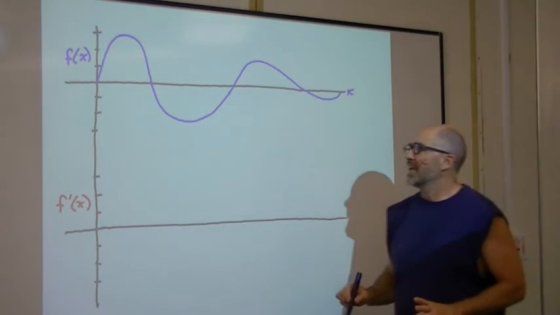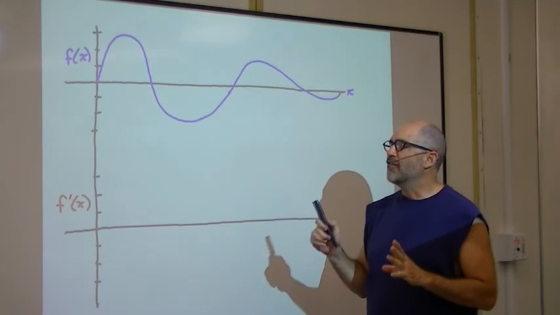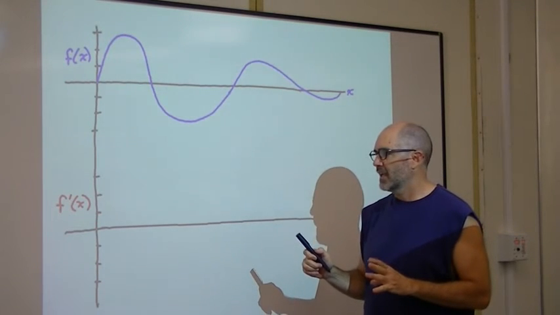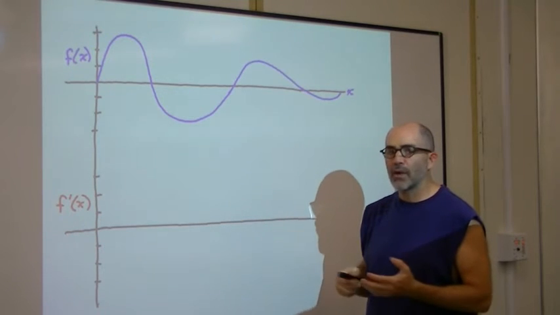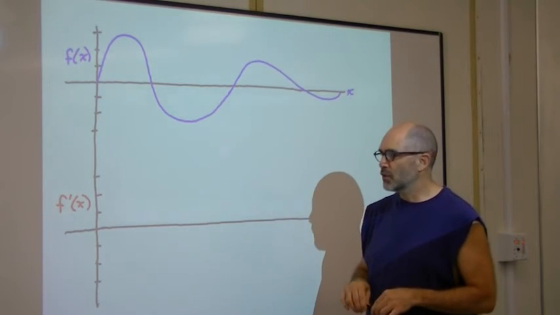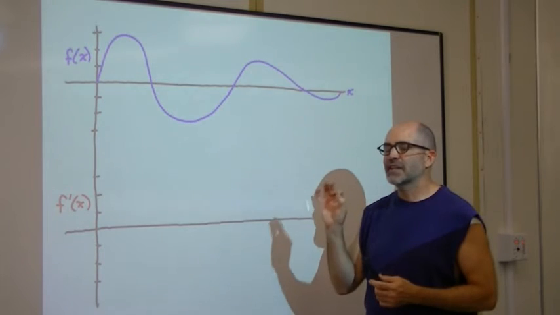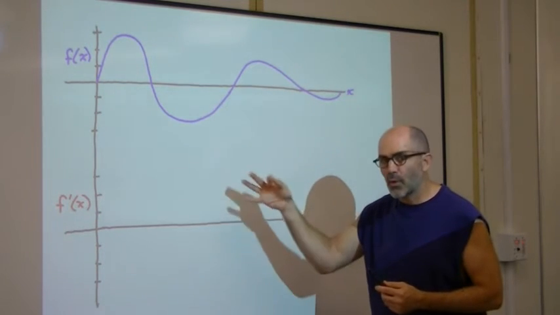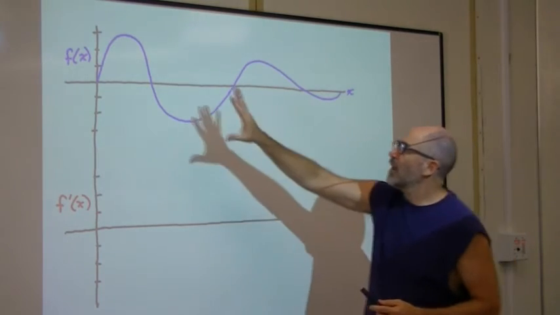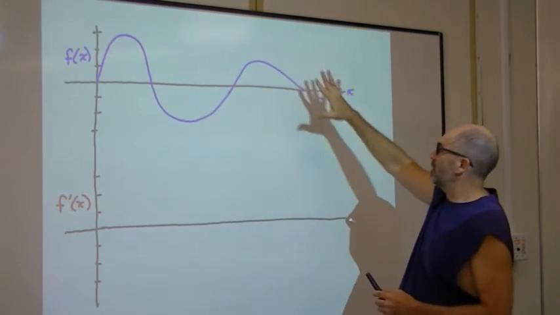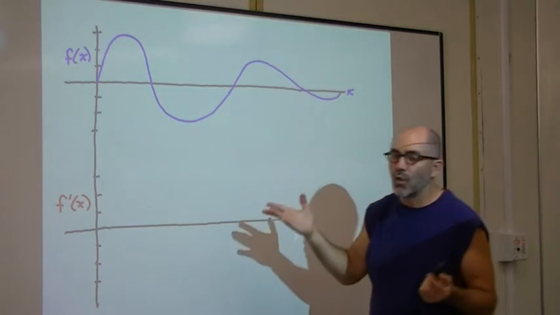Okay, we've been saying that f prime of x is the derivative of f of x at any point. And what's the derivative? It's the slope at any point. So here's what's going on. We've got a function f of x. We don't even have an equation for it.